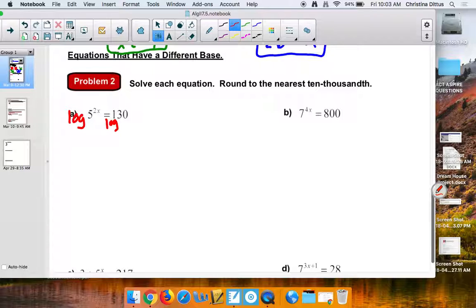Okay. When I have a log with an exponent, yesterday what did we do with the exponent? Bring it out front, okay? Now notice 2x is my whole exponent, so we're gonna bring the 2x out front, and then we have log 5 equals log of 130.